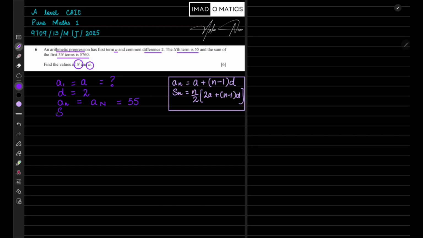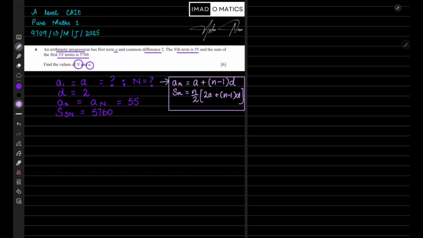Sum of first 3n terms is 5760. Now we have to find a and n. Okay, now start solving this.